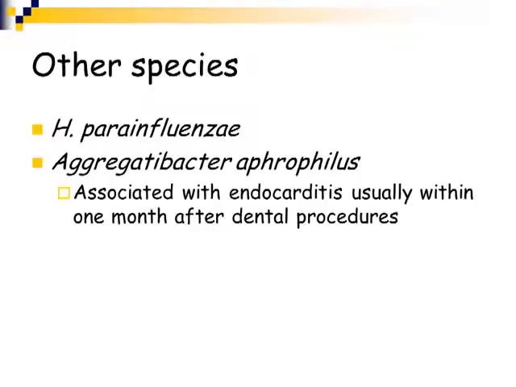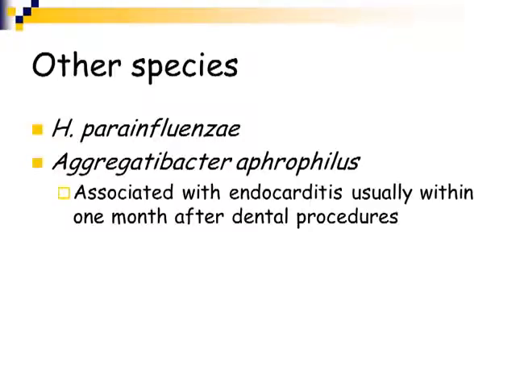A lot of these organisms are normal flora of the mouth, and individuals that are immunocompromised or have a heart condition are highly susceptible to getting endocarditis, because during a dental procedure, your mouth flora gets into the bloodstream. In a normal immunocompetent individual, we can fight these organisms off.